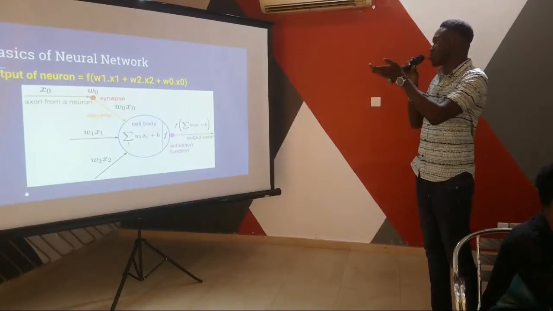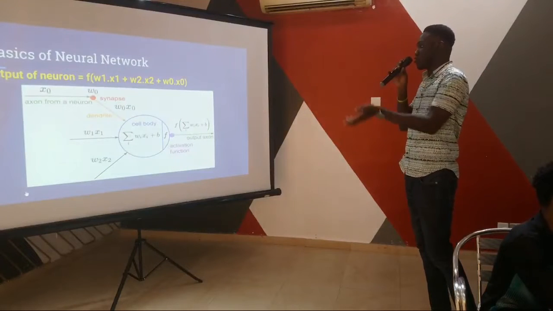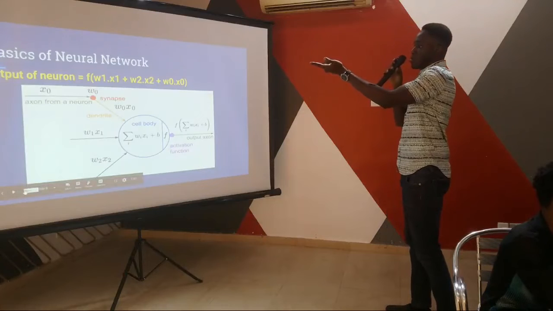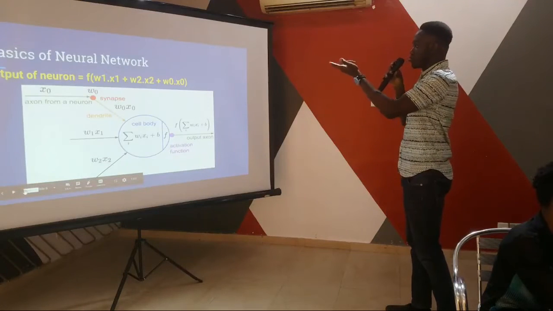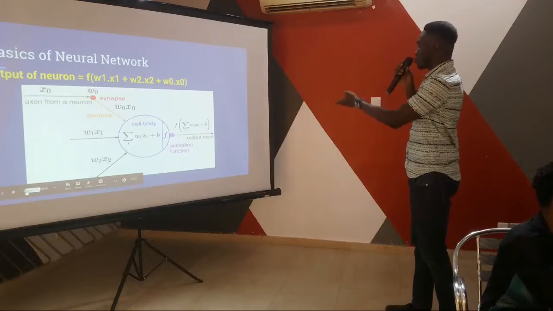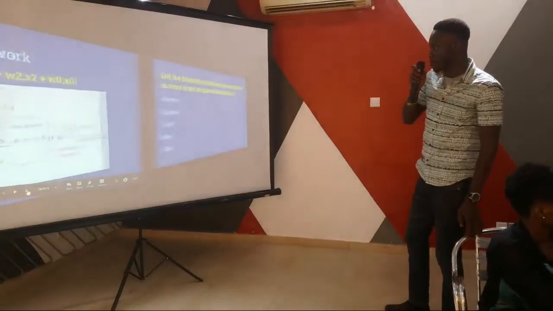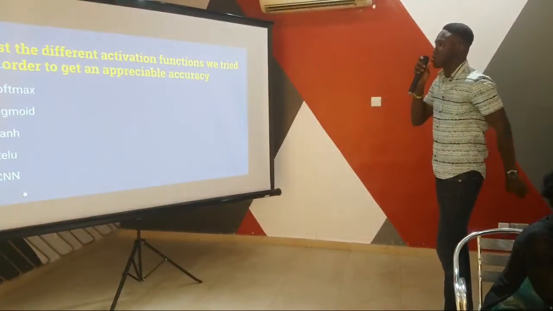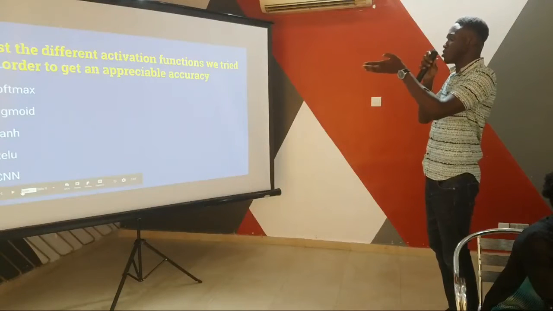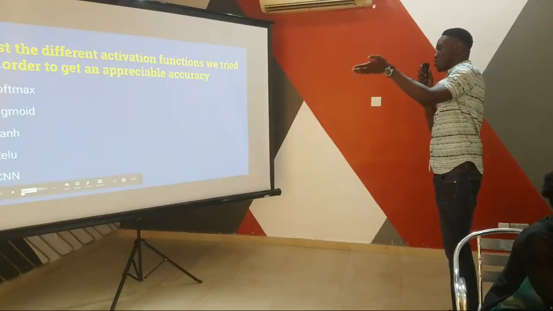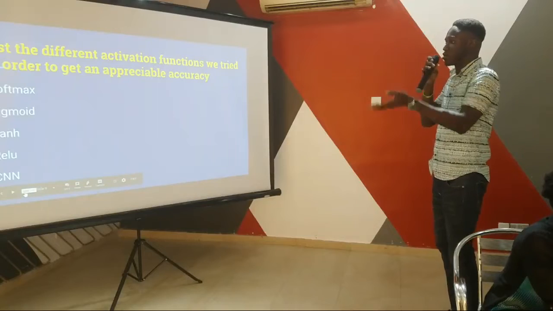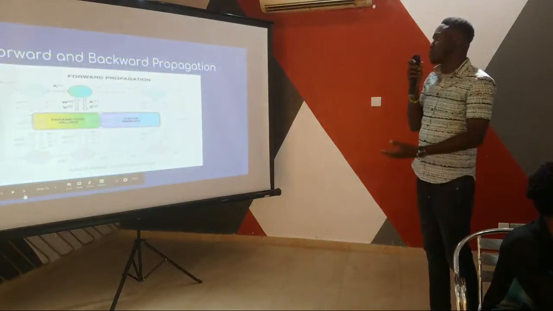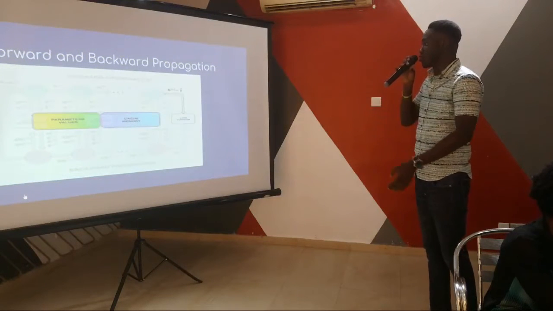So this is the output of the neuron, and it has a cell body, the activation function, synapse, and the axon from the neuron, which drives the output also. We use these different activation functions to get an appreciable accuracy: CNNs, ReLU, softmax, sigmoid, and we also use forward and backward propagation.